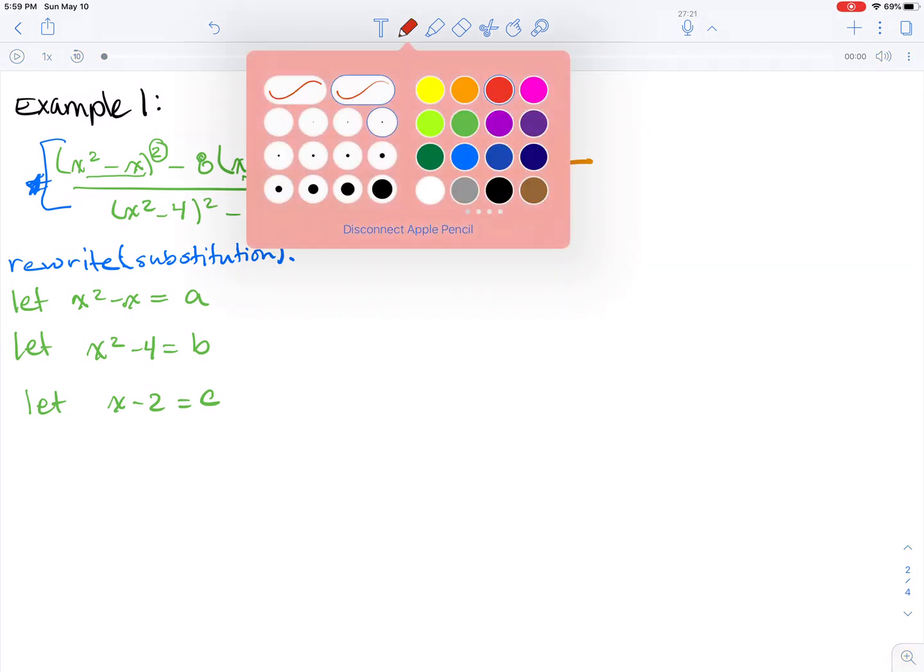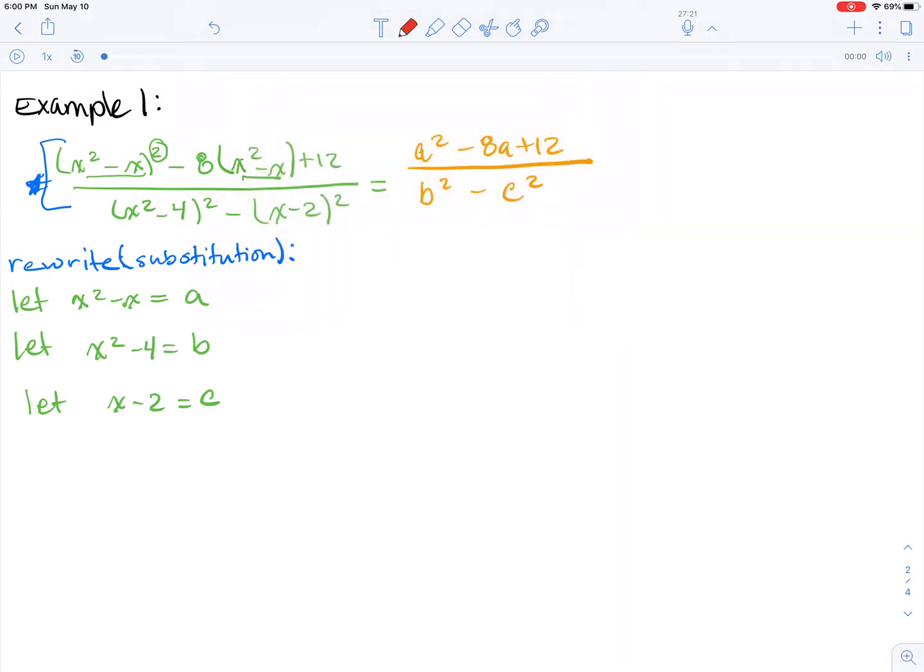Again, this looks more like something I know. Something squared minus something squared, that's a difference of squares, and it looks like something I've been doing through the quadratics unit. A squared minus 8a plus 12 looks like a regular quadratic that I can factor. So now I can factor my top and my bottom.